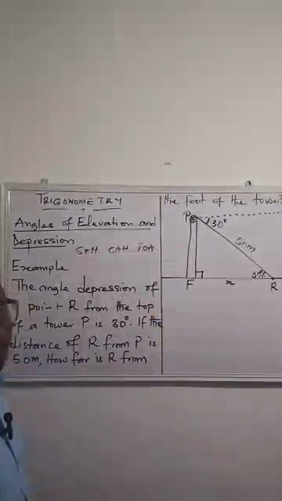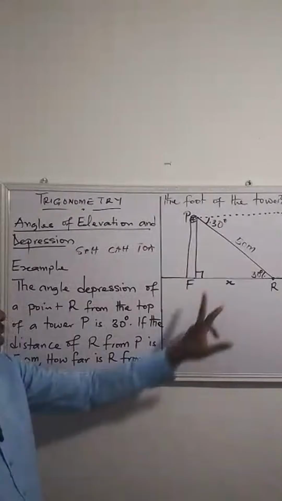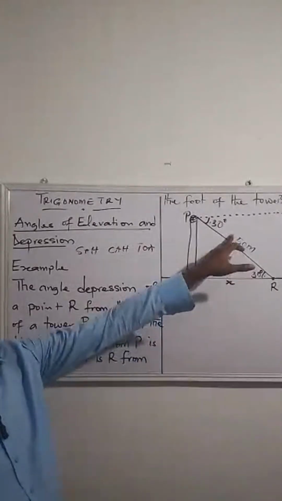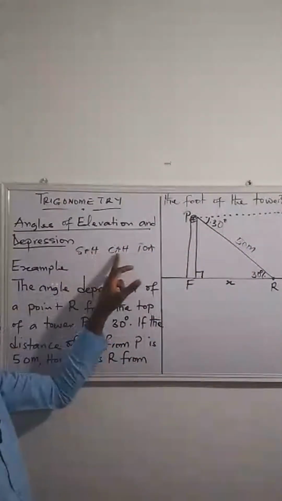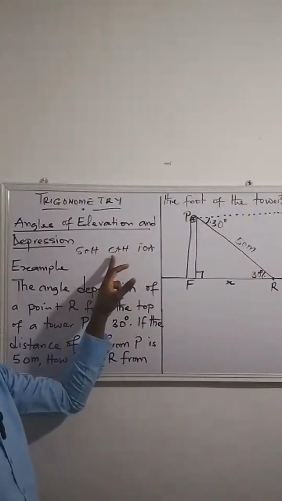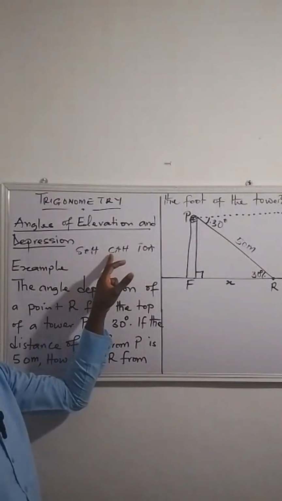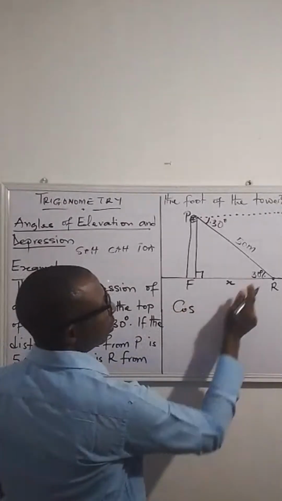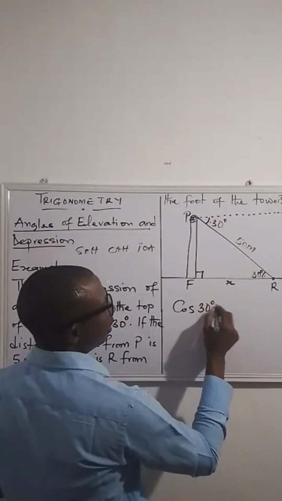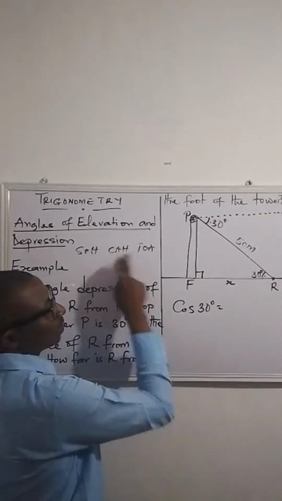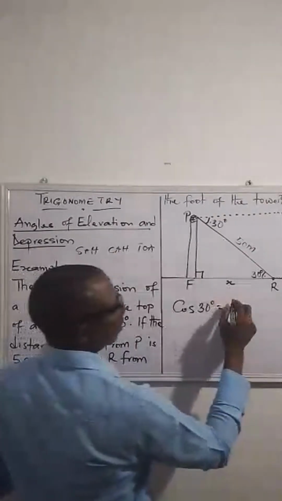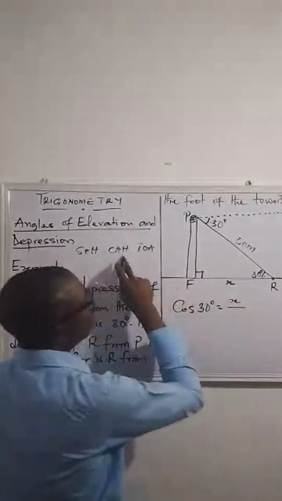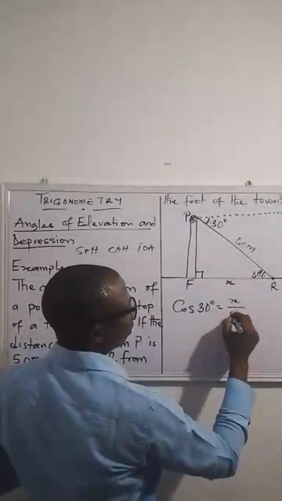Which trig function are we going to use? We have adjacent and hypotenuse, so it's going to be cos. So we write cos 30 degrees equals adjacent, which is x, over hypotenuse 50.